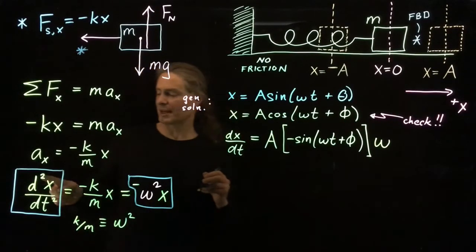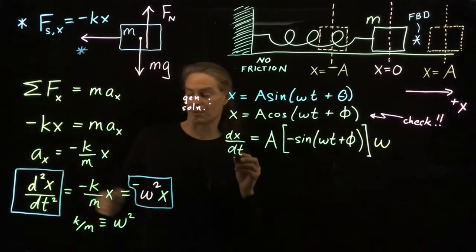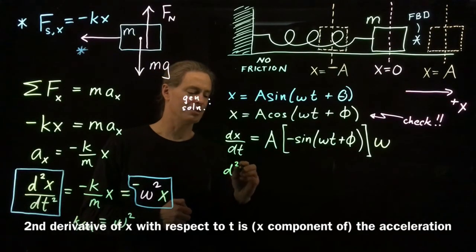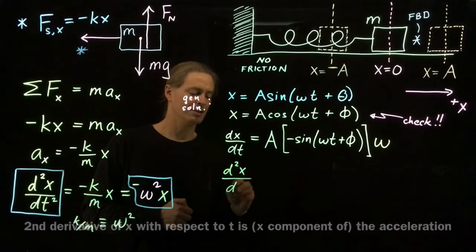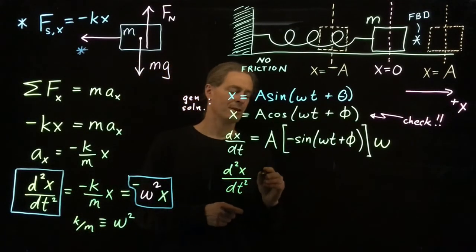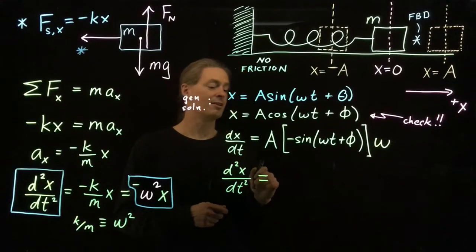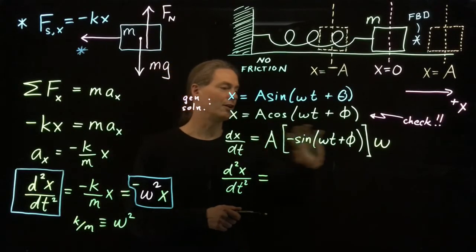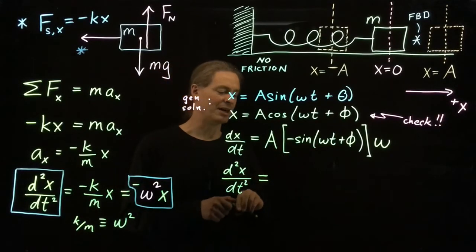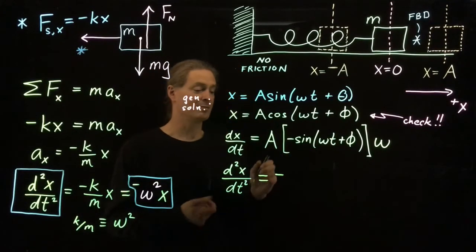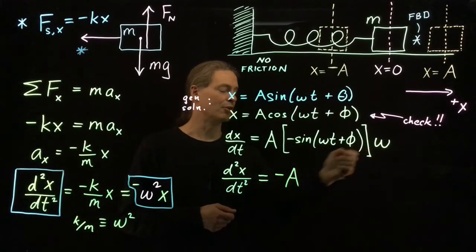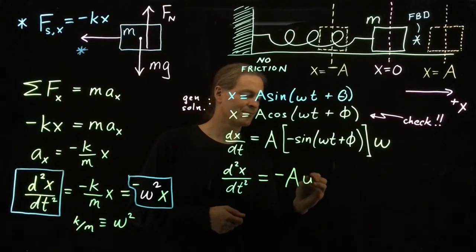Now, I need the second derivative of x with respect to t. So I need to take one more derivative with respect to time, d²x/dt². All right, and so let me take the derivative of all of this with respect to time. Now, let me pull out my constants. I've got a minus sign. That's a constant, -1. I've got an A. That's a constant. My omega is a constant.